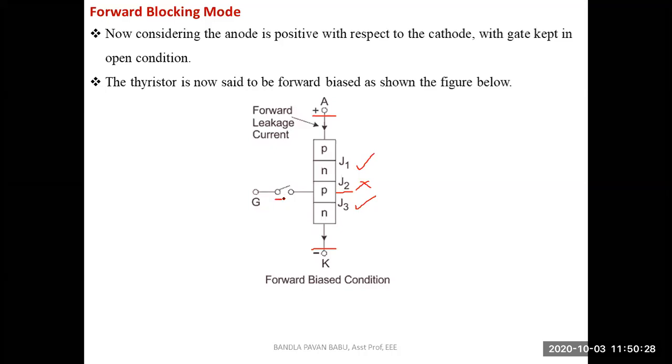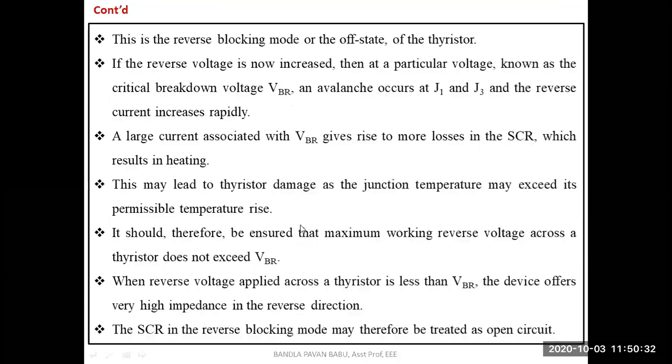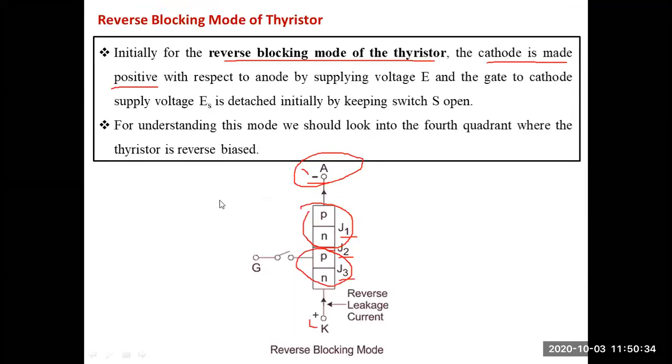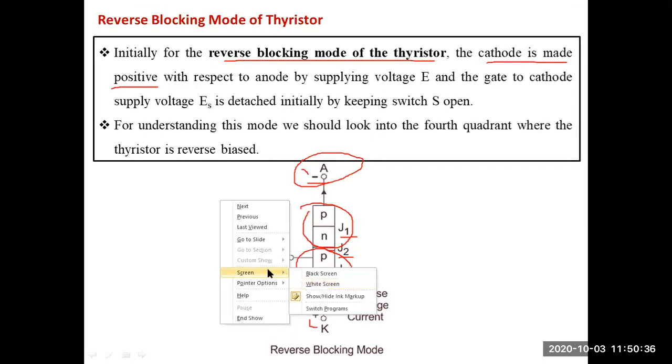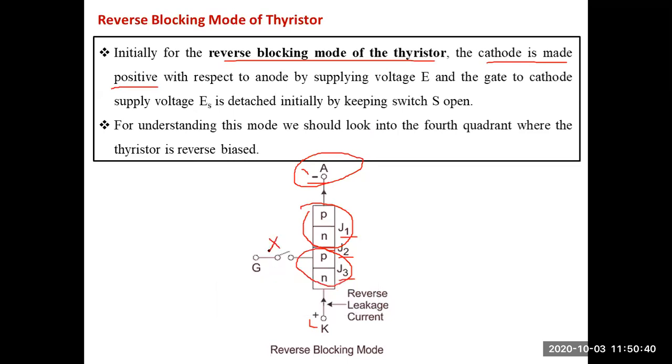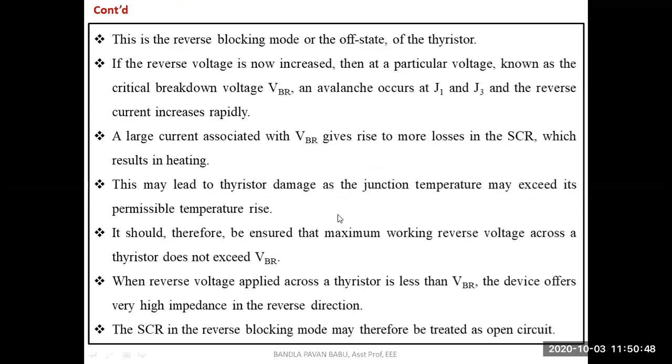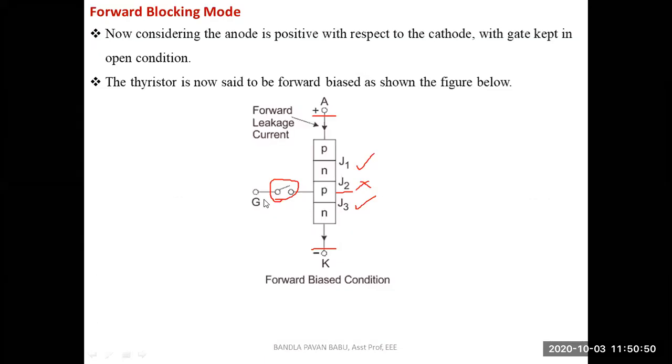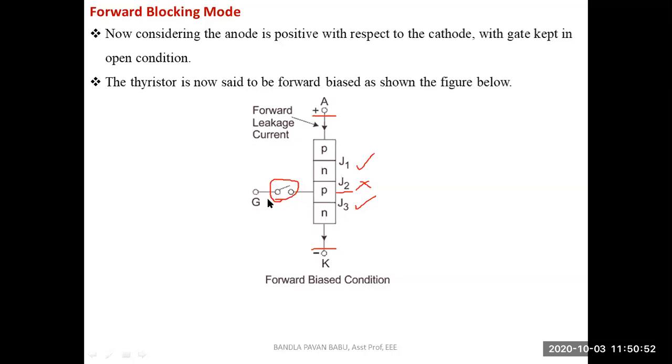And the gate circuit, here we are not applying any voltage, the same as earlier in reverse mode of operation. Here also we are not applying any gate voltage. I mean a gate current is not supplied through the switch. So here it is opened. That is the reason why we have the switch in the basic circuit of a thyristor.